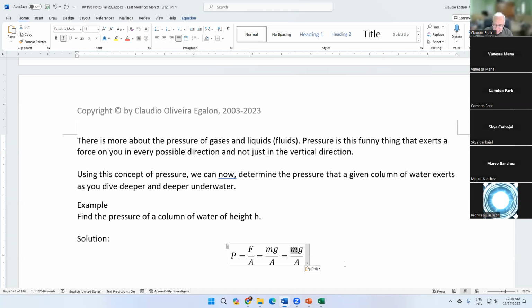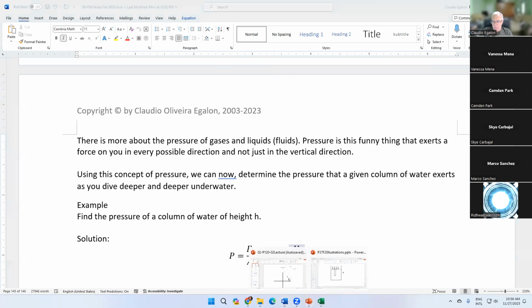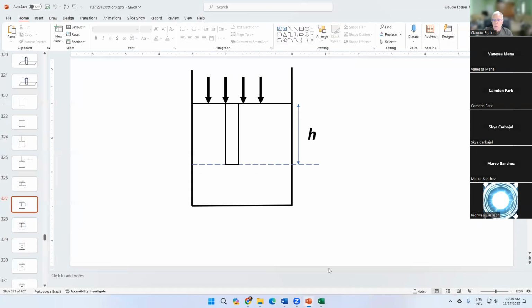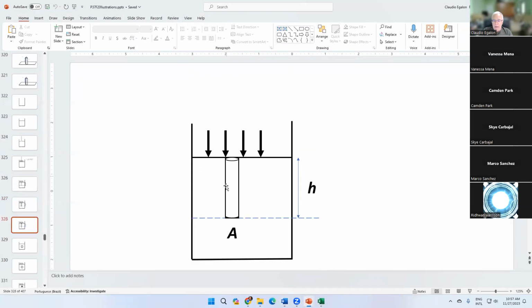Remember that density is what? Mass divided by volume, right? Consequently, mass can be written down as rho, the density, times the volume. The volume of that column of water, right in here.